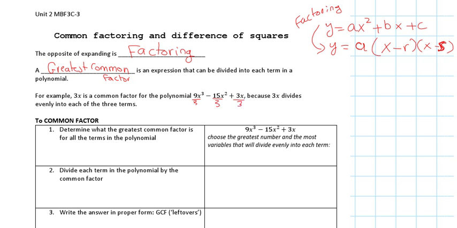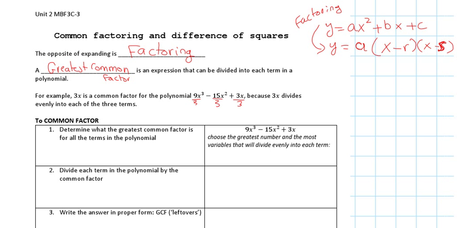Now, you're not only looking at the numbers, you're also looking at the letter. Do all terms have the letter x in it? The first one is an x cubed, the second one is an x squared, the third one is just an x.